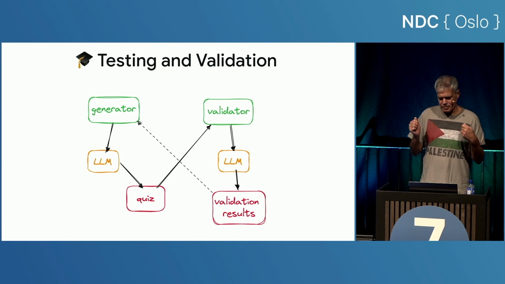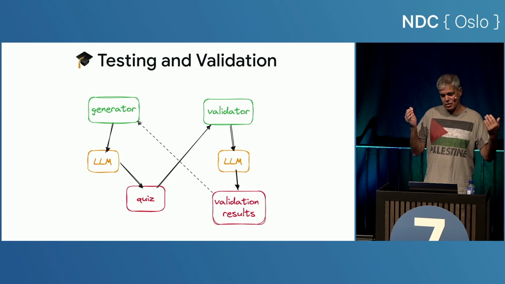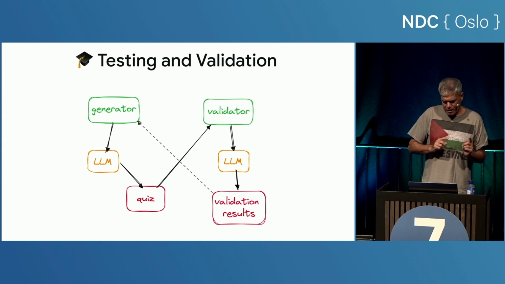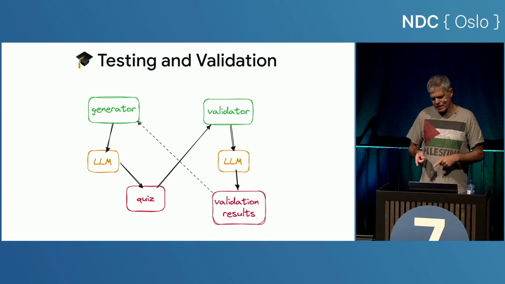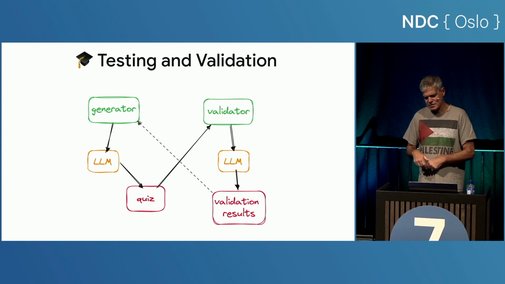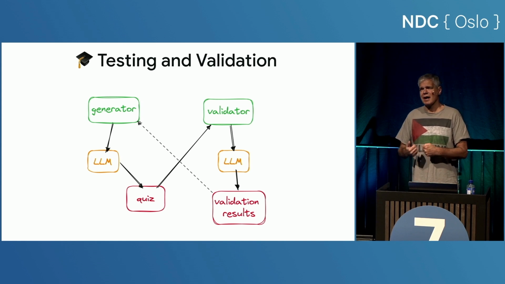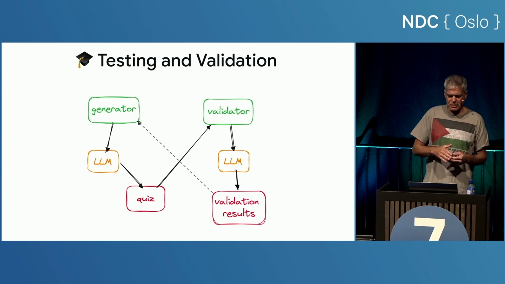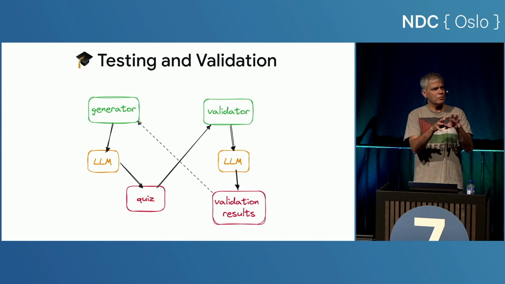So the vision is the generator makes a call to the LLM and generates a quiz, as you've seen twice. We take that quiz and we send it to the validator, and the validator asks the LLM to validate the quiz accuracy. And based on that result, we get back something to attach to the quiz. So think of this as a confidence rating.